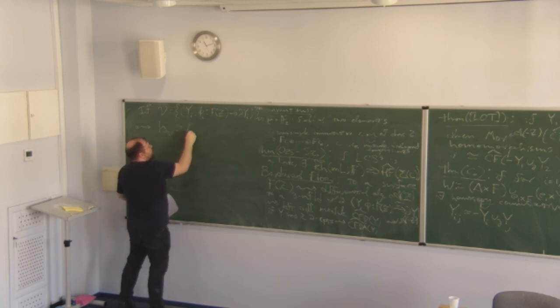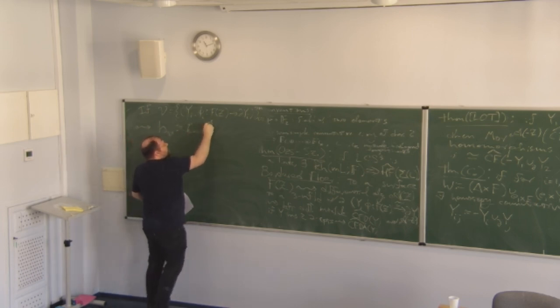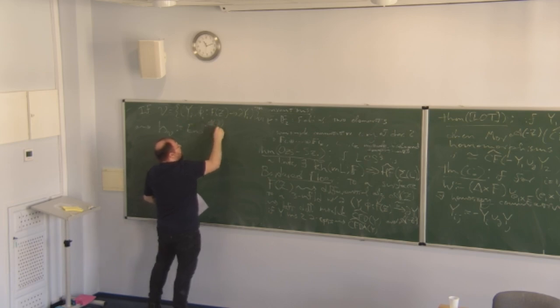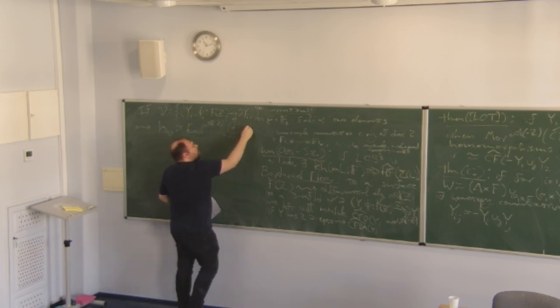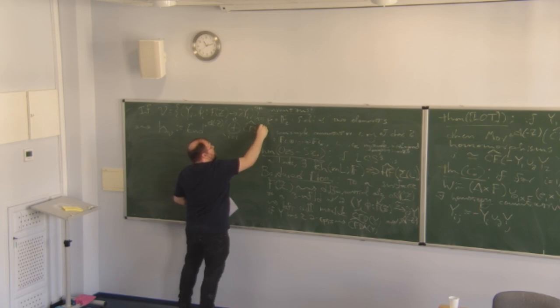This is going to be the endomorphism algebra over A of minus Z of the direct sum from i equals 1 to n of CFD hat of Yi.